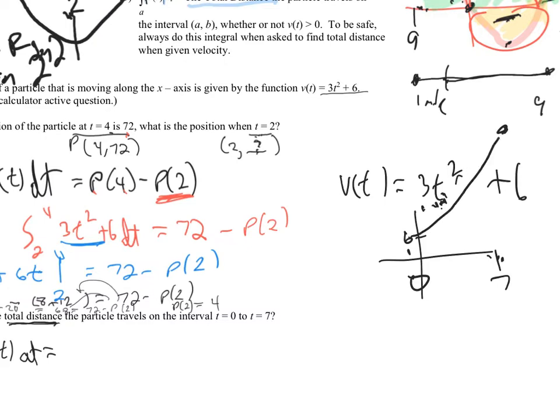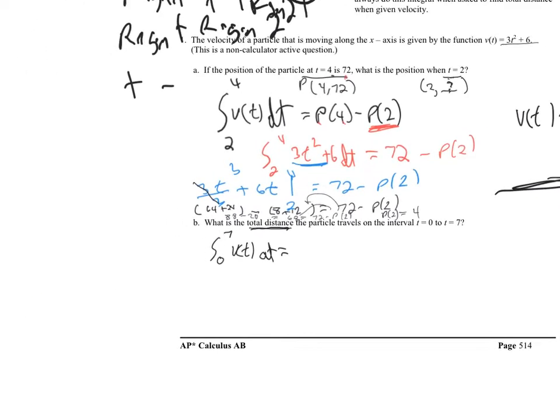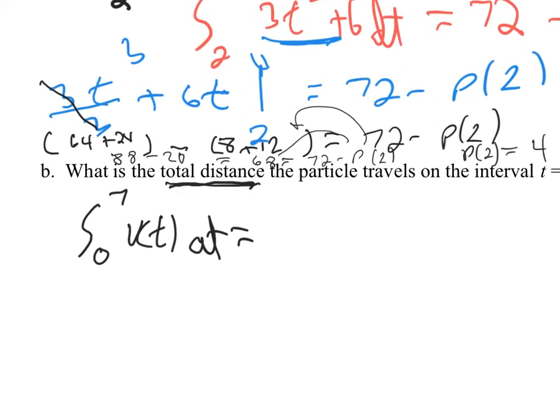I do not need the absolute value because v of t is above the x-axis the whole time. So my accumulated area will be that whole region. Okay? So I'm okay. I don't have to use the absolute value. What if you did? Would it hurt?